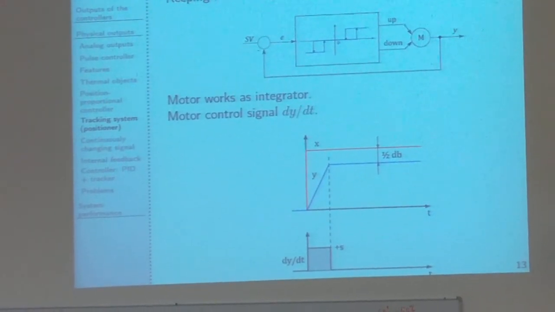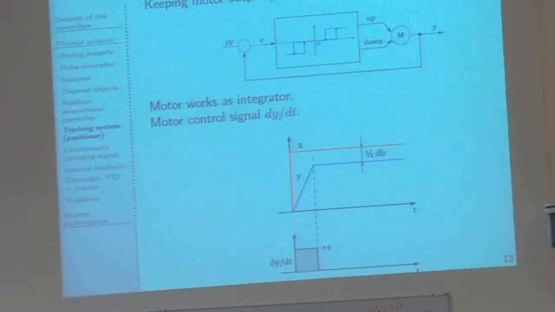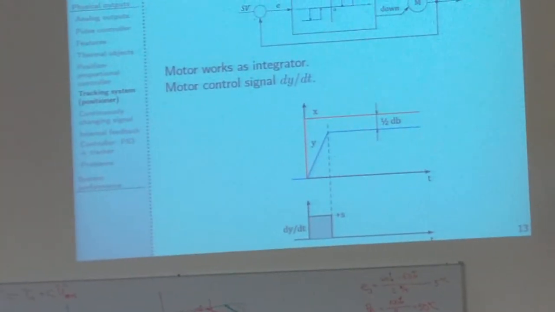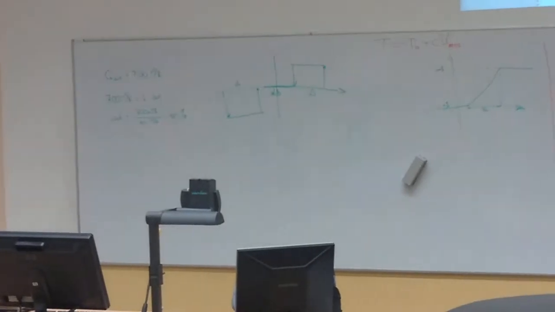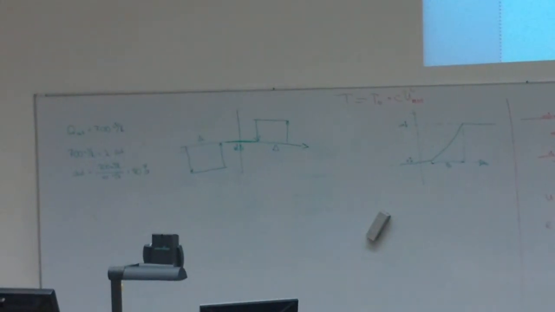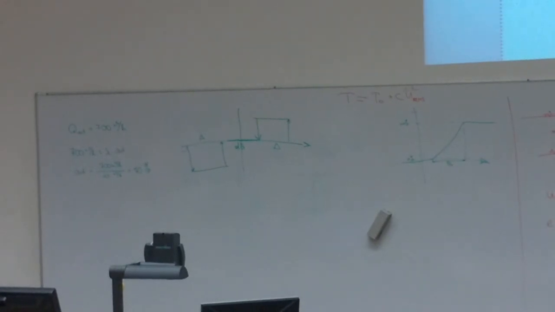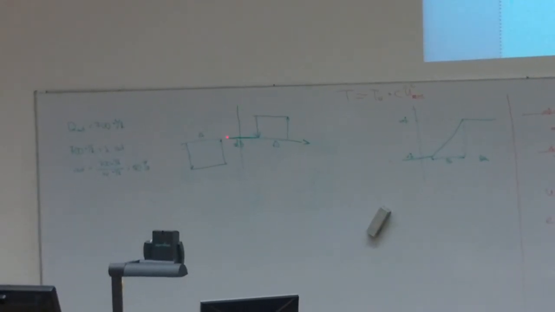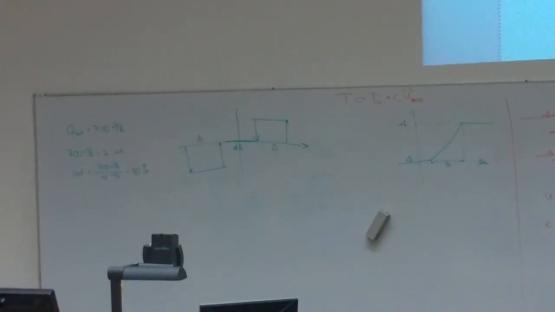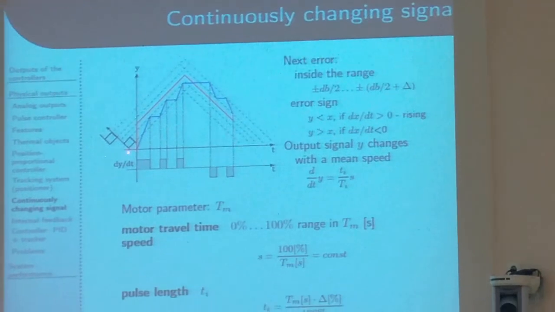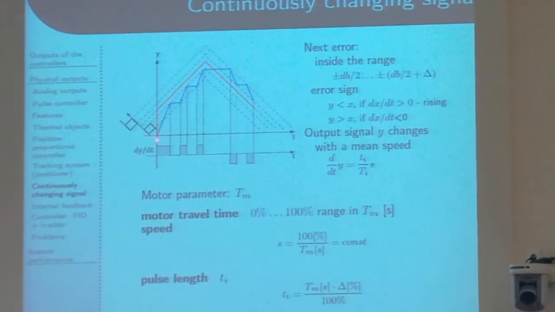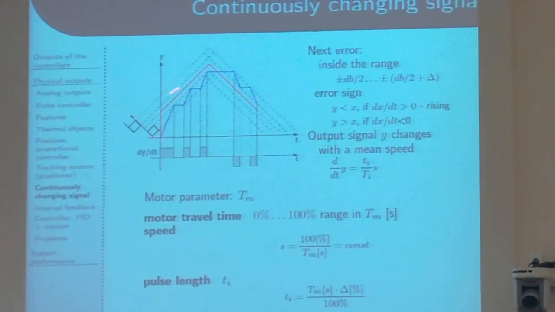So sometimes we should consider which case is better for us. And that's why, for example, from the whole range, deadband is always a little bit bigger than the hysteresis, or at least the same.